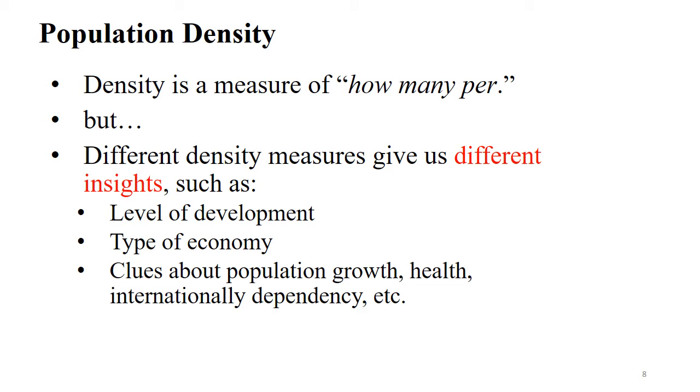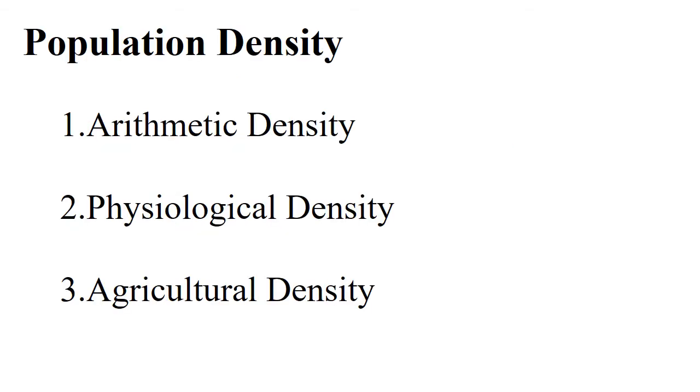Such as its level of development, maybe the type of economy it has in place, or how people within that economy are working, right? Where they're mostly employed. It can give us clues about the population growth, the health and welfare of those people, how internationally dependent that country might be, and we'll explain some of this here in the following slides.